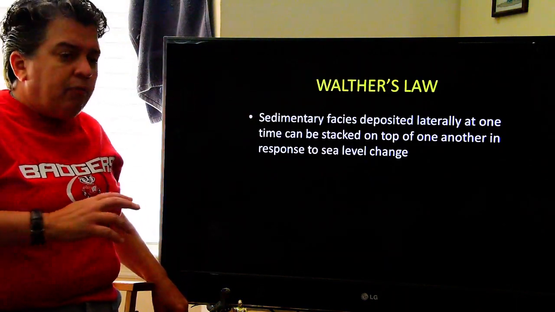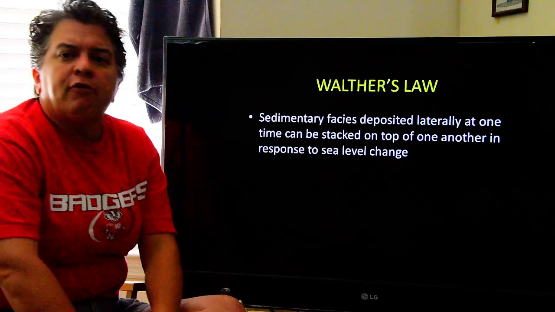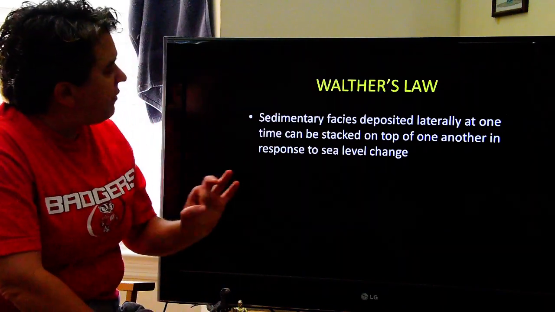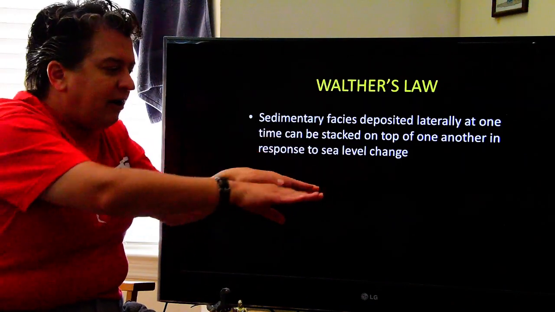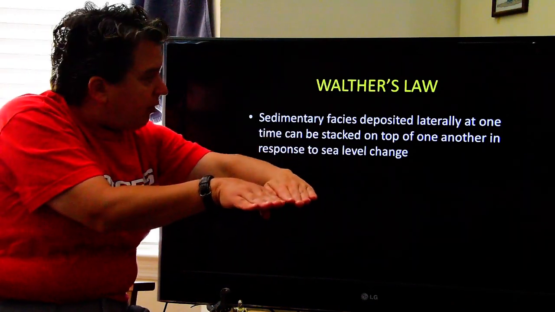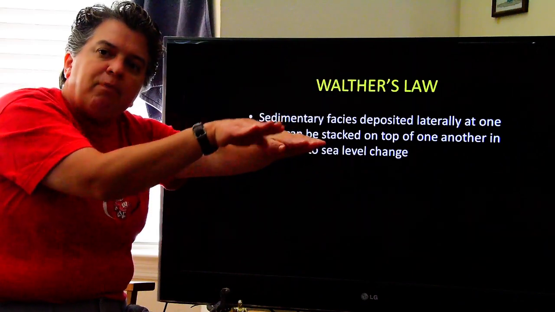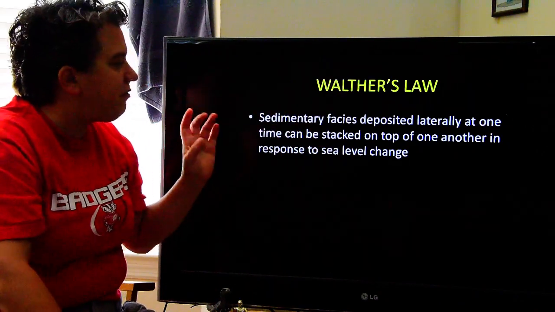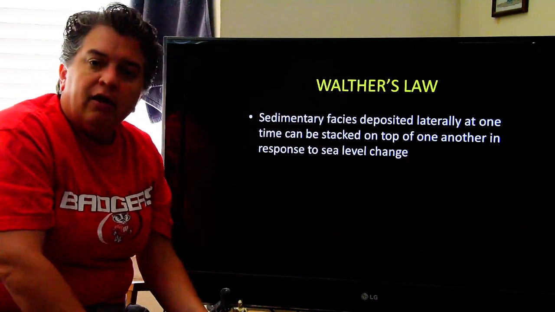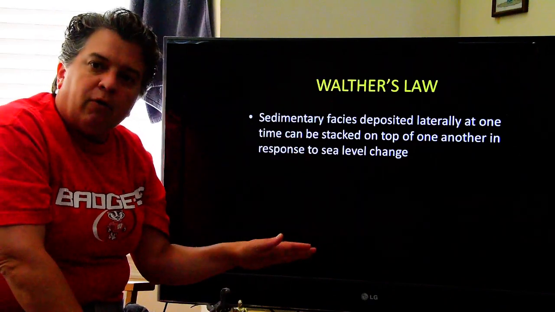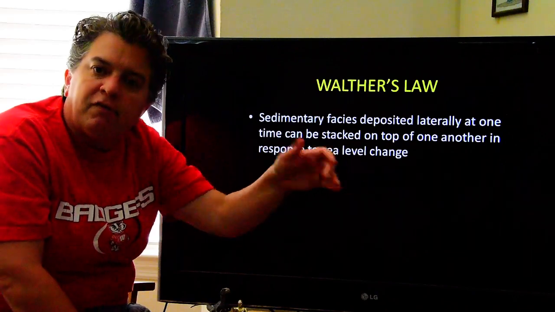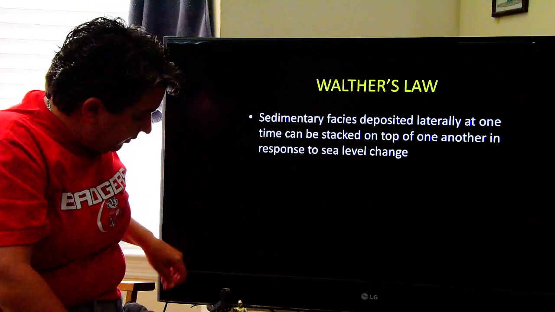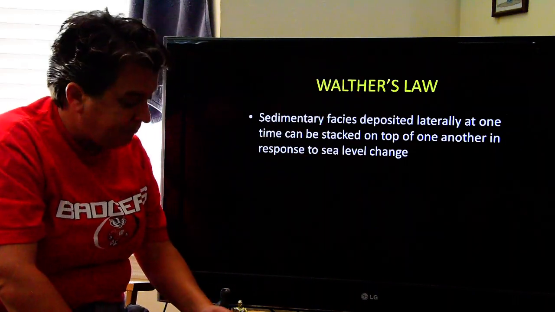And so this really results in Walther's law, which states that sedimentary facies that are deposited laterally next to each other can be stacked on top of each other in response to sea level change. So you can see the deeper water facies deposited on top of the shallower water facies because sea level changed.